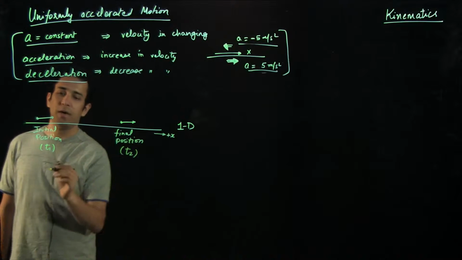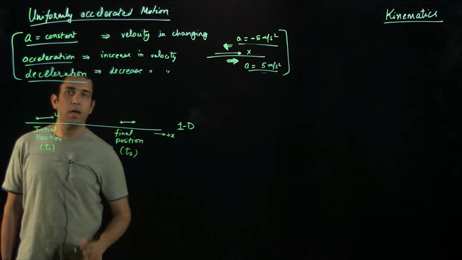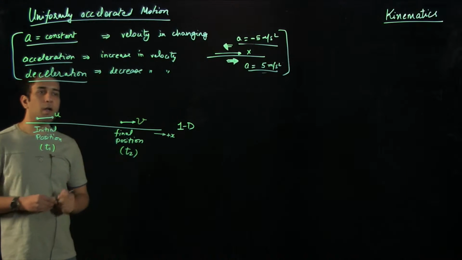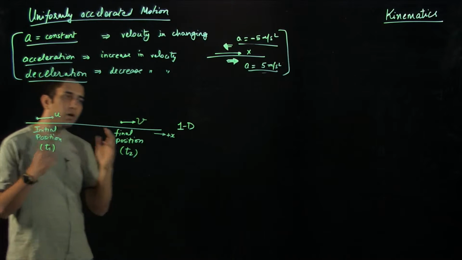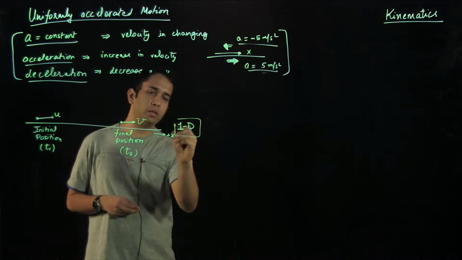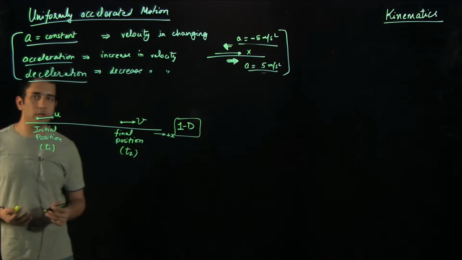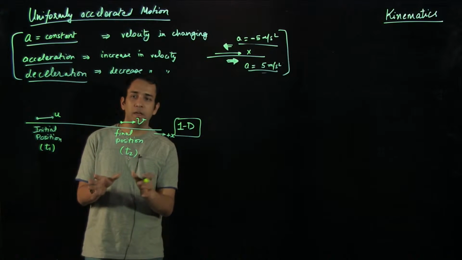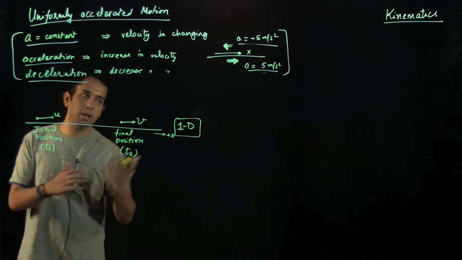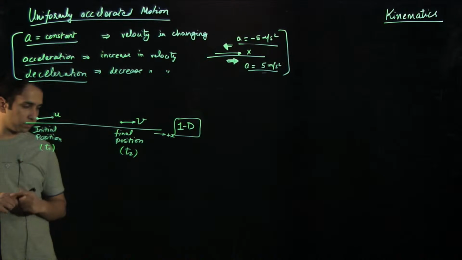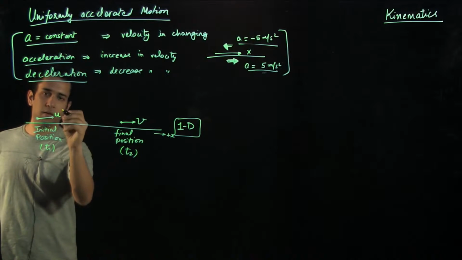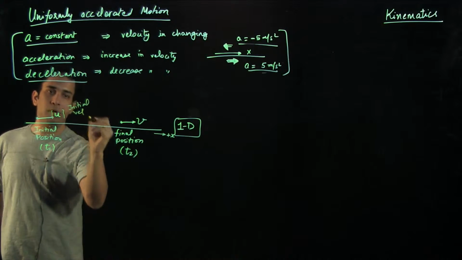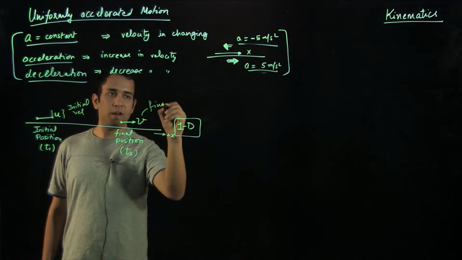The velocity of the particle at the initial position is u, and the velocity at the final position, let's say, is v. I am not using the vector sign for any of those, because I am only considering 1D motion, so I will not be writing i cap or j cap, though it's understood that it should be there. And this is the initial velocity and this is the final velocity.